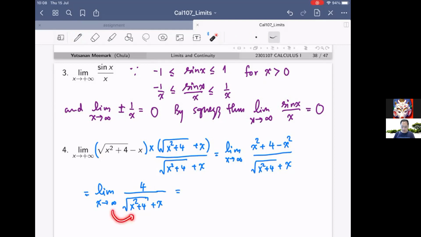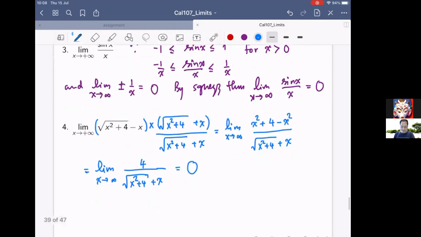A pretty large number, right? Added. You see, it's not subtract anymore. Right now it's added, so it will become a larger number. So it's a fixed number over a pretty large number. It always goes to what? 0. So this one just happened to be 0, okay? It's not always. This one just happened to be. Are we all right?